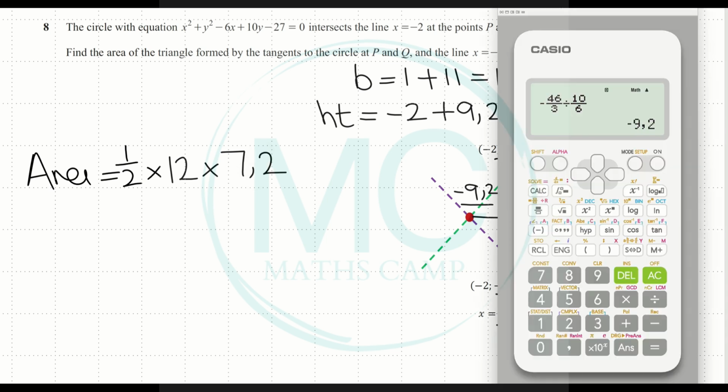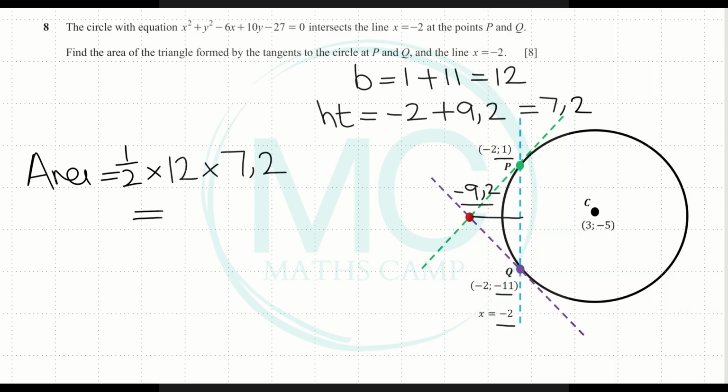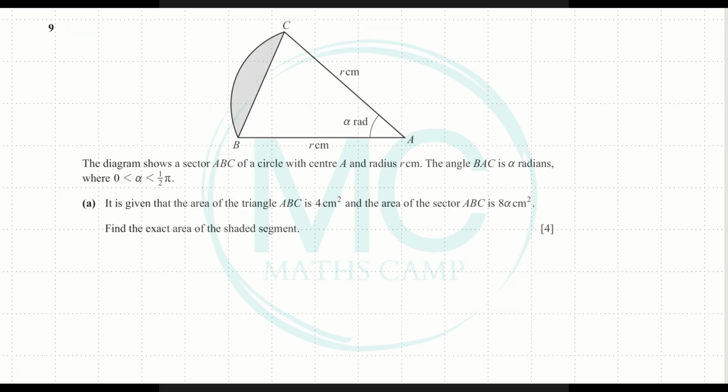Take your calculator. 1/2 multiplied by 12 multiplied by 7.2 gives us 216 over 5. And we can say the area is equal to 43.2 units.